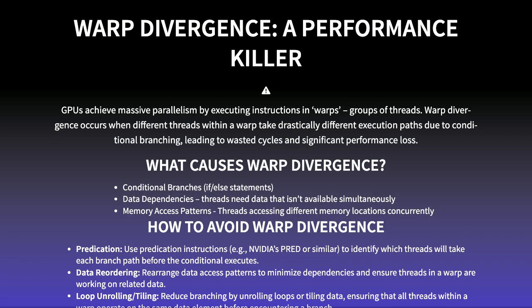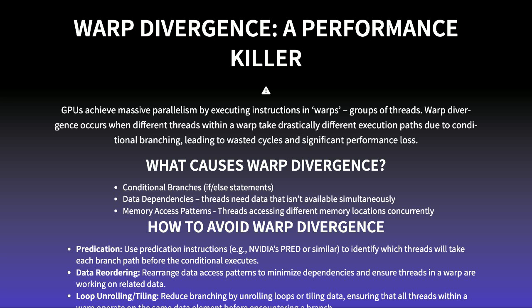Okay, let's talk about warp divergence. It's a sneaky performance killer when you're programming for GPU. Basically, a GPU works by executing groups of threads called warps, but if different threads within that warp take completely different paths because of things like if statements or data dependencies, the GPU has to waste cycles figuring out which path each thread needs to follow.